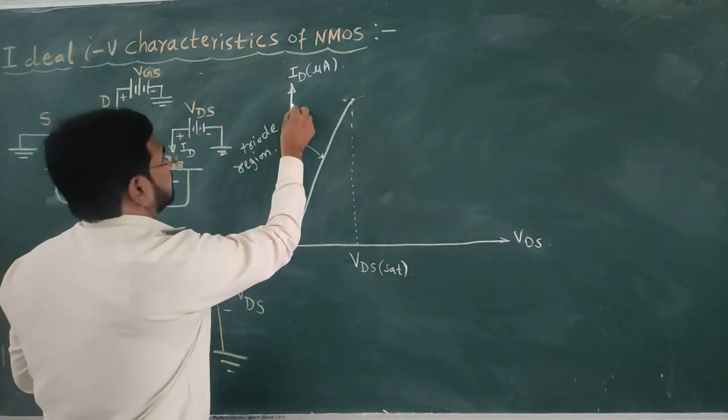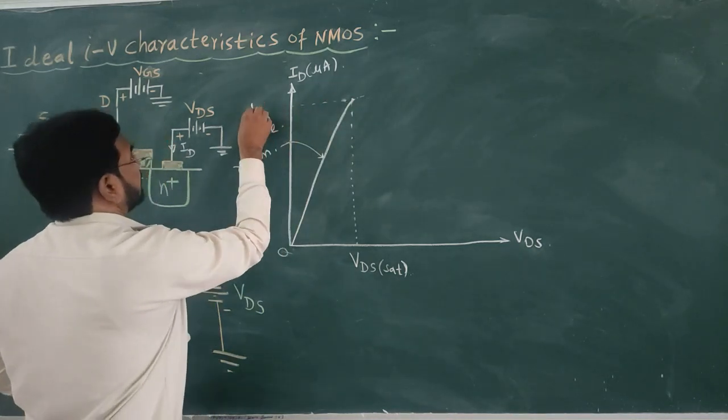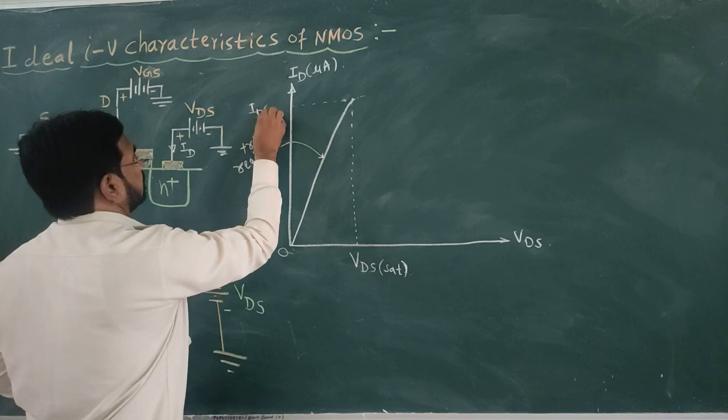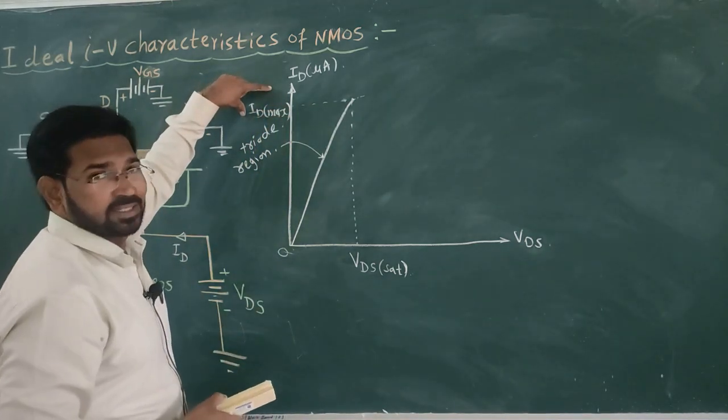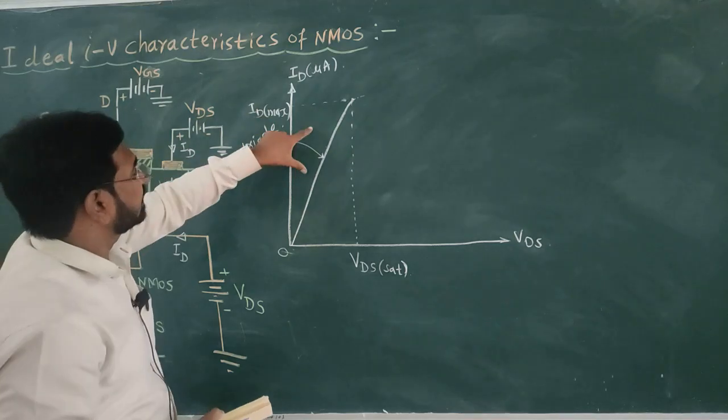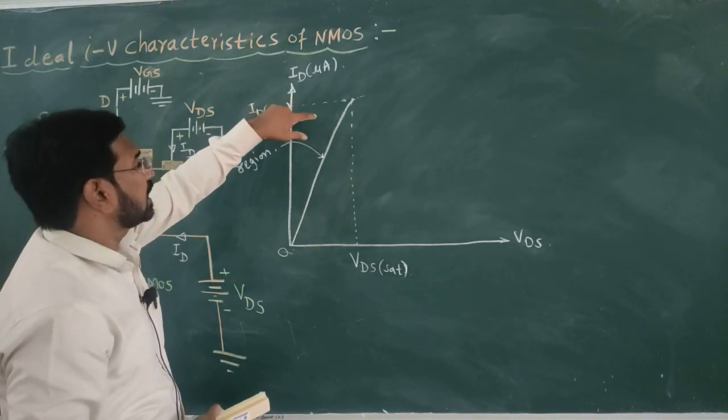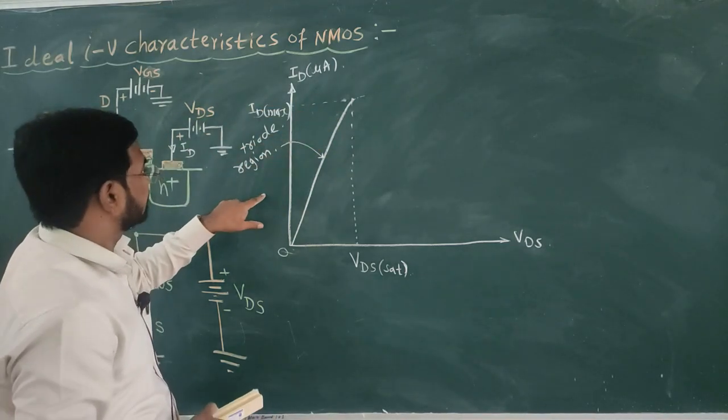This current is ID max, and we are going to write the equation for ID max also. The current up to this point is not ID max, so what is this current?